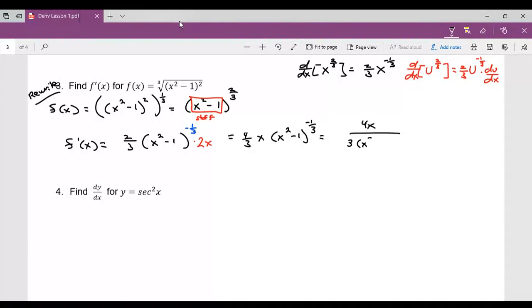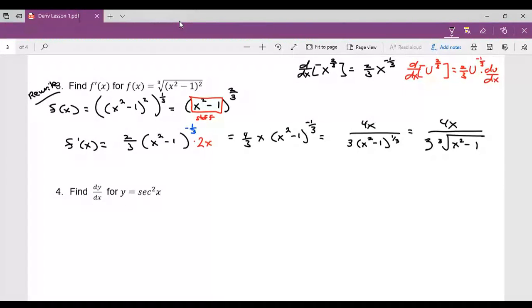And then maybe they have this to the 1/3 power using properties of negative exponents. Or better yet, instead of raising that to the 1/3, they have the cube root of x squared minus 1. Again, you don't have to do this, but you should know how to do it in case it's multiple choice. All right, rocking and rolling.